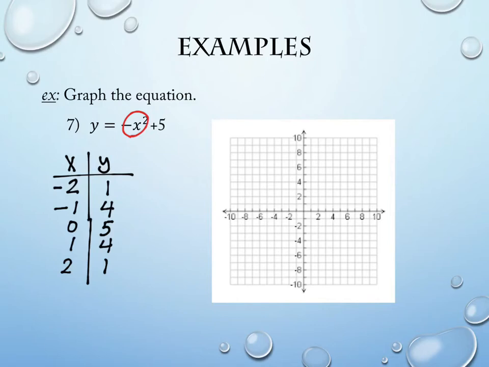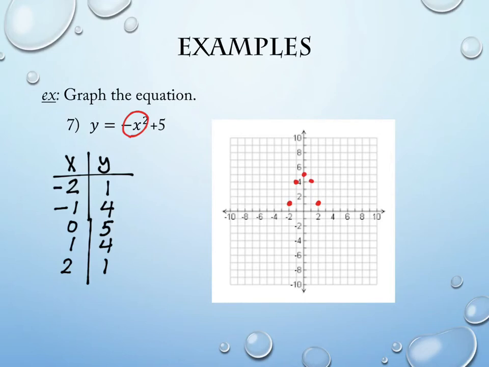We can actually plot these points next, just like we did on the earlier problem. Negative 2, 1. Negative 1, 4. 0, 5. 1, 4. And 2, 1.